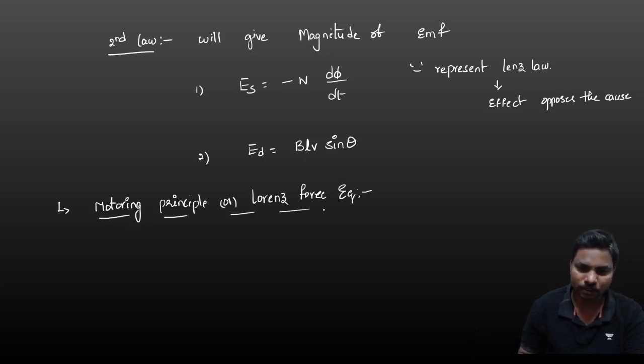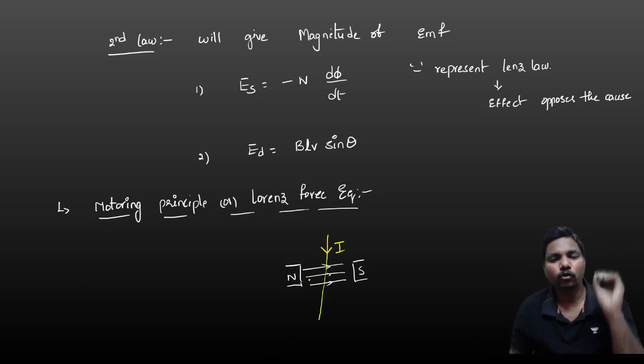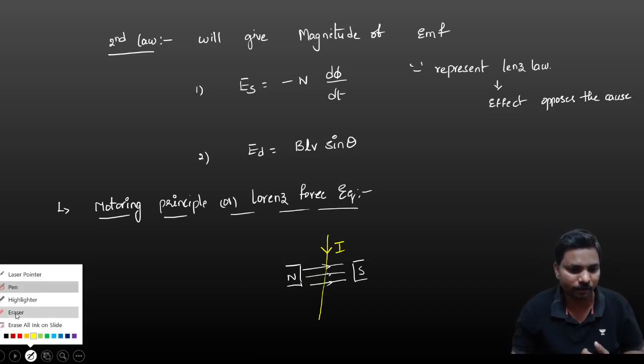As per this Lorentz force equation or motoring principle, whenever a current carrying conductor is placed in a magnetic field, then some force will be produced. With that force, the motor is rotating. Okay, so note down the point, then you will understand.